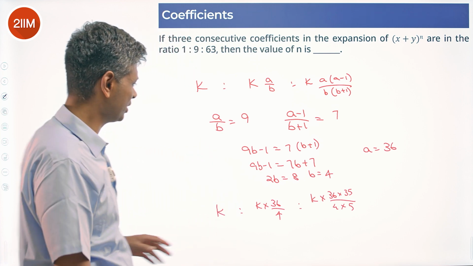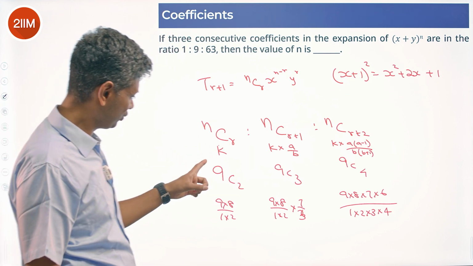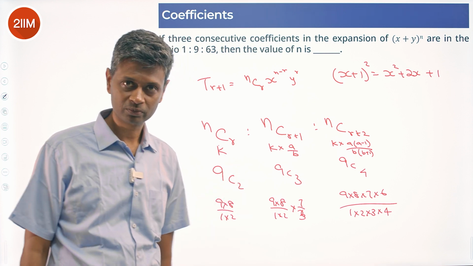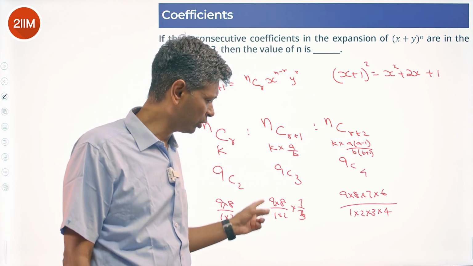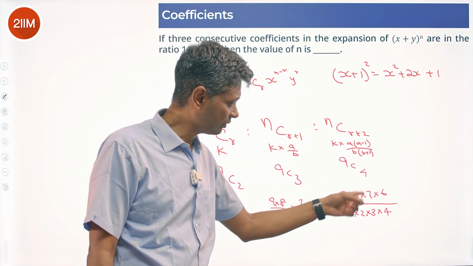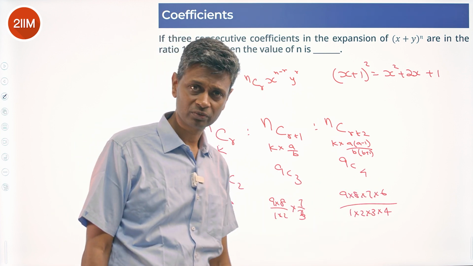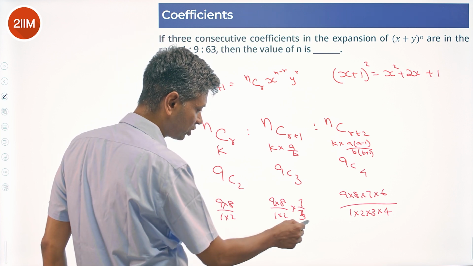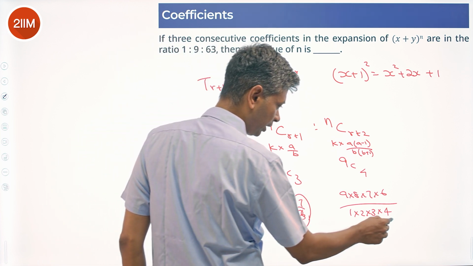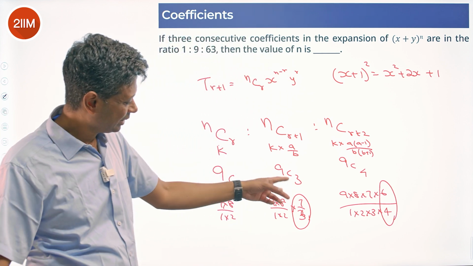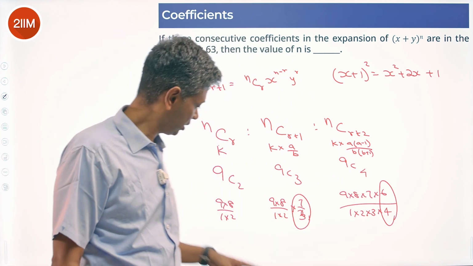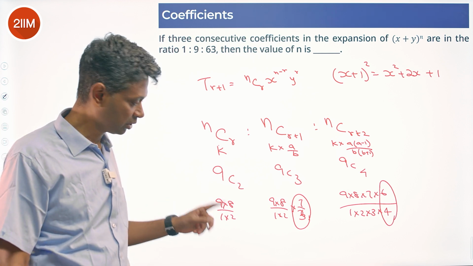Beautiful question. If you look at it, 9C2 is 9 into 8 by 1 into 2. Then 9 into 8 by 1 into 2 into 7 by 3, then 9 into 8 into 7 by 1 into 2 into 3, then 9 into 8 into 7 into 6 by 1 into 2 into 3 into 4. And so multiplying by 7 by 3, multiplying by 6 by 4. 7 plus 3 is 10, 6 plus 4 is 10, 8 plus 2 is 10, 9 plus 1 is 10.